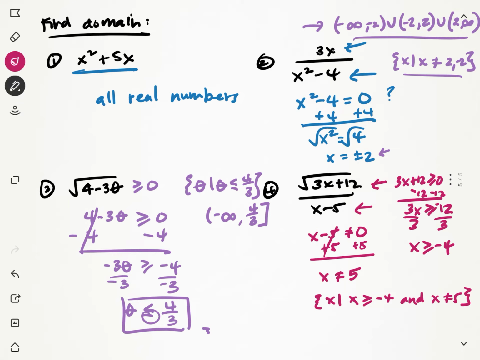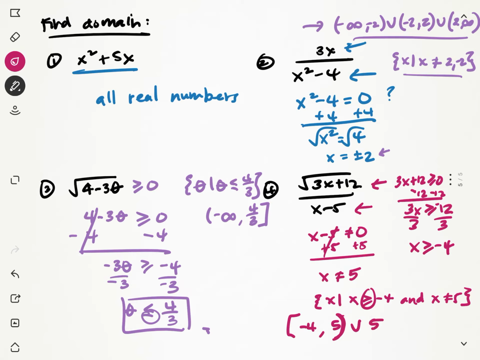And then in interval notation, from negative 4 is the least that we could have. And that's or equal to, so we're going to put a bracket there. All the way to 5, but not including 5, right? So there's a parentheses.